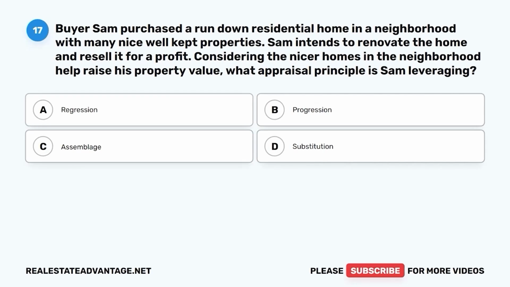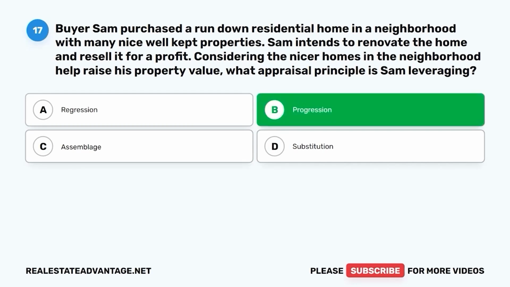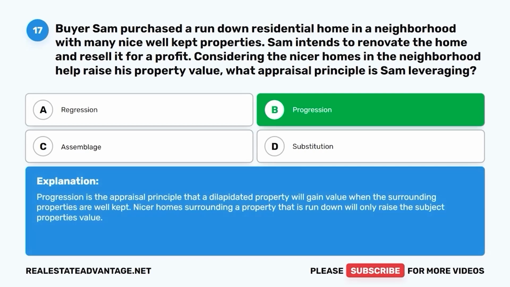B. Progression. C. Assemblage. D. Substitution. The correct answer is B. Progression. Progression is the appraisal principle that a dilapidated property will gain value when the surrounding properties are well kept. Nicer homes surrounding a property that is run down will only raise the subject property's value.